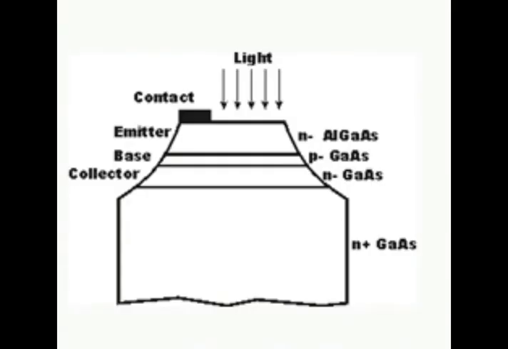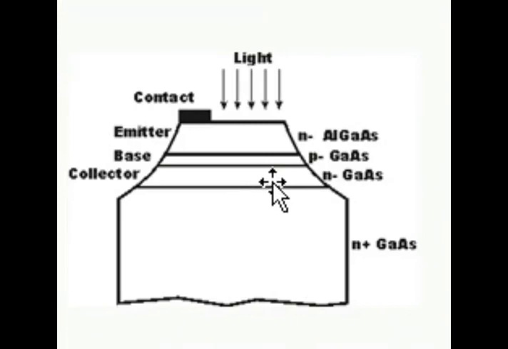This is the structure diagram of the phototransistor. The device is a 3-layer device, built on an N plus gallium arsenide substrate using liquid phase epitaxy. It consists of an N-type gallium arsenide collector layer, followed by a thin P-type gallium arsenide base layer.